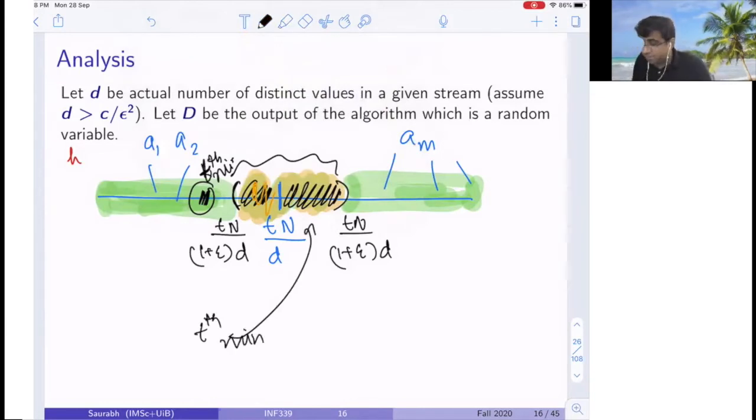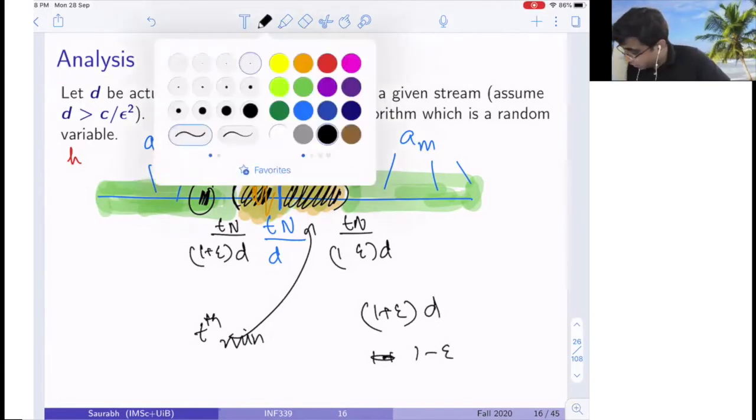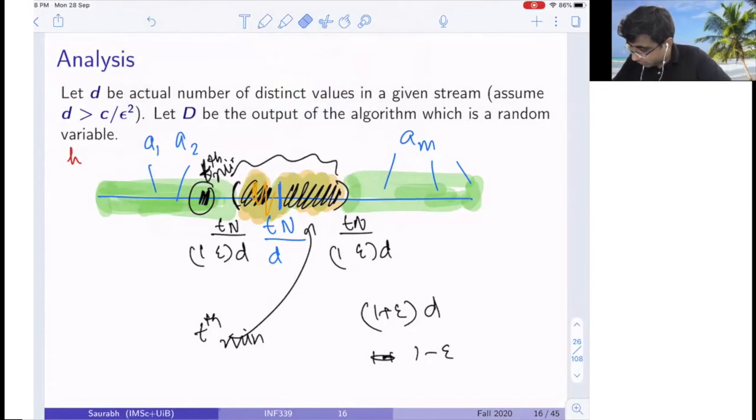Well, whatever may be the value, you reverse it, right? So you are not going to give me anything more than 1 over epsilon by d, or this is wrong. This is a smaller number, right? So this should be 1 minus epsilon. This is 1 plus epsilon. Is this correct?